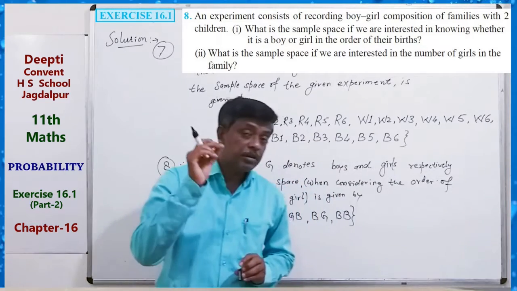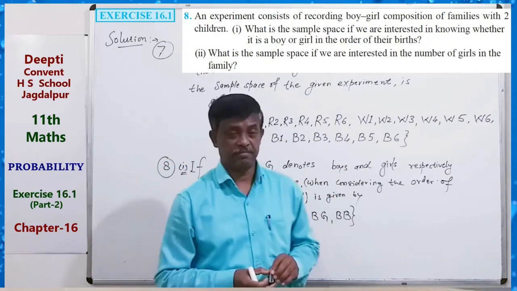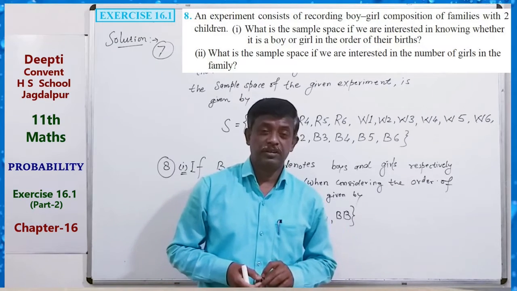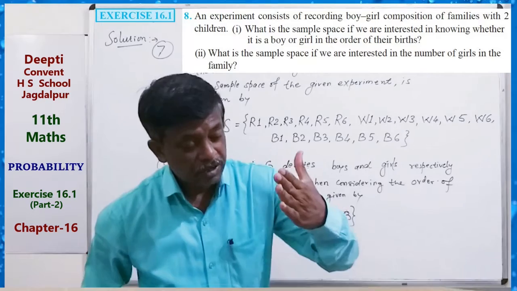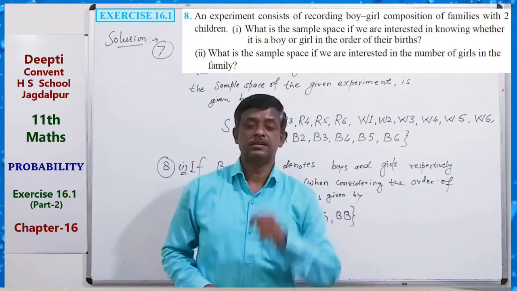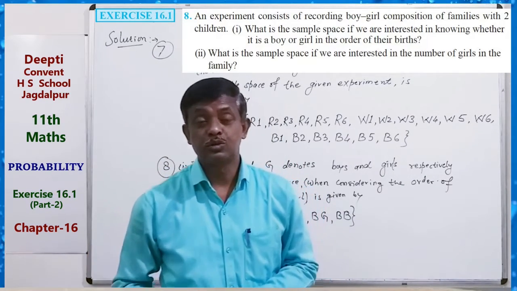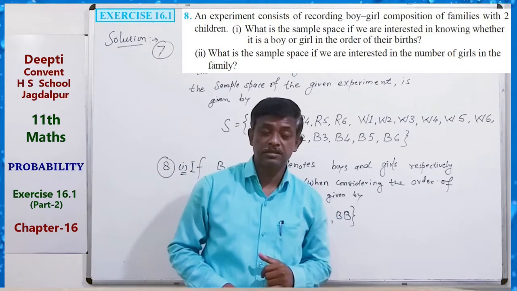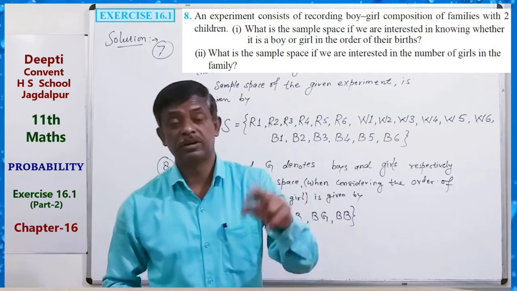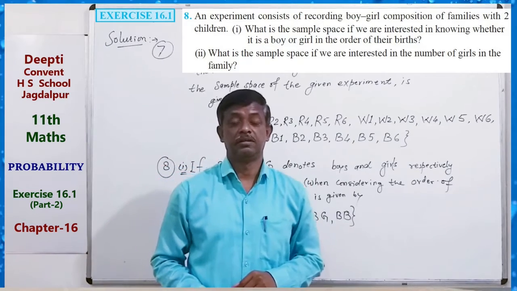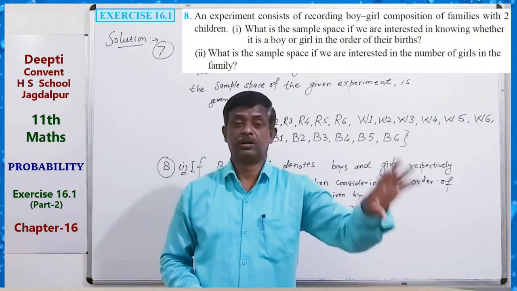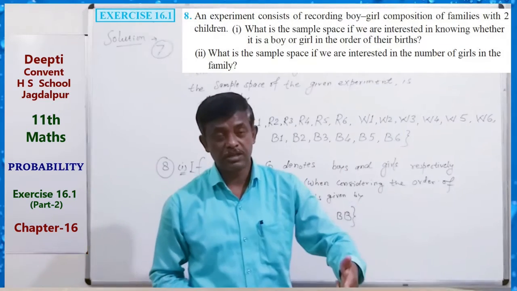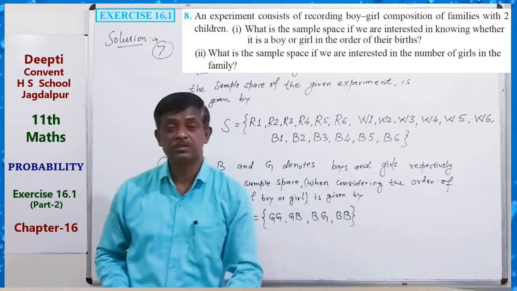So we know each family has 2 children, so maybe both are girls, maybe one boy and one girl, maybe no girl. That means 2 girls may be there, 1 girl may be there, or no girls may be there.